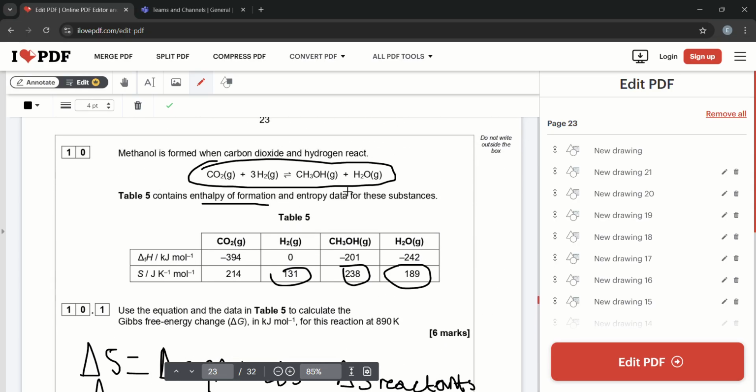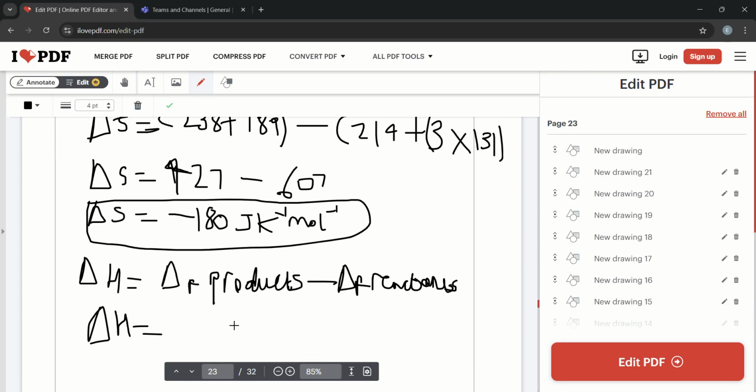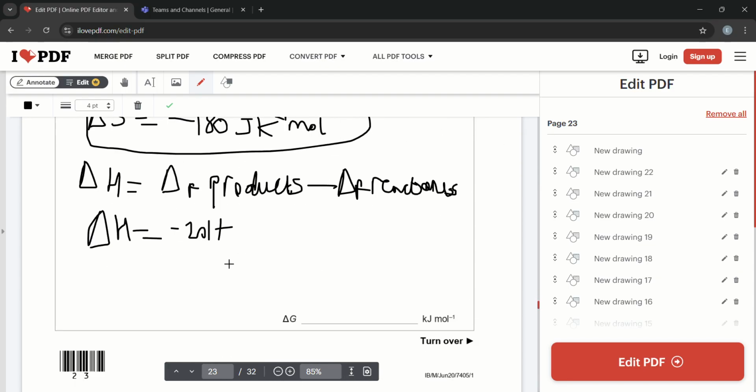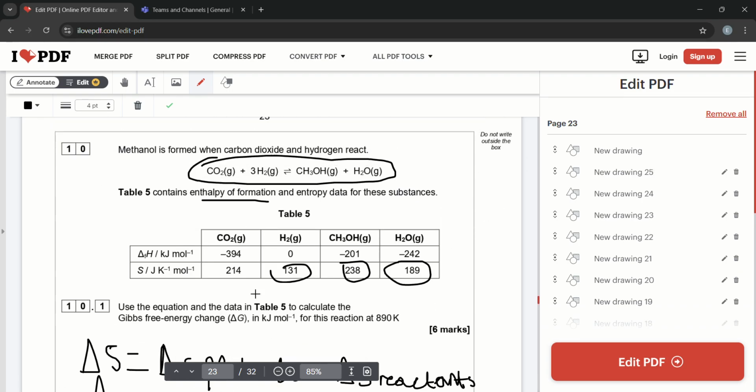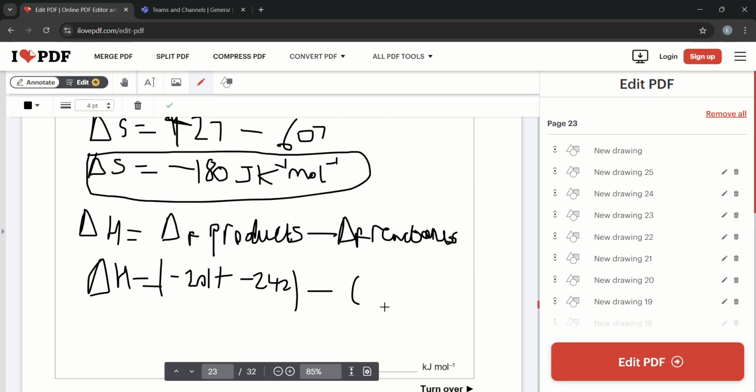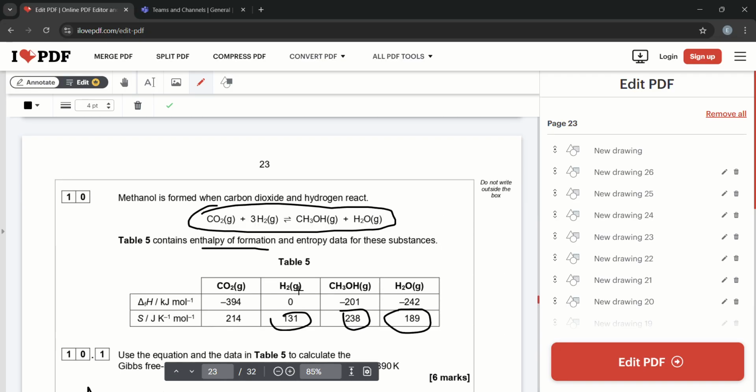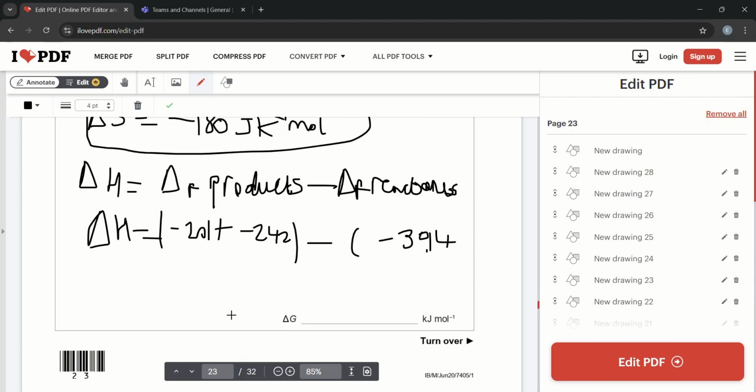Well, the products in this case is going to be minus 201 plus minus 242 minus reactants, CO2 minus 394, and we should know, because this is just hydrogen, just a single element, the enthalpy of formation is going to be 0, and it tells us in the table it's 0, so that's just going to be plus 3 times by 0, which is obviously 0, so we don't really care about that.